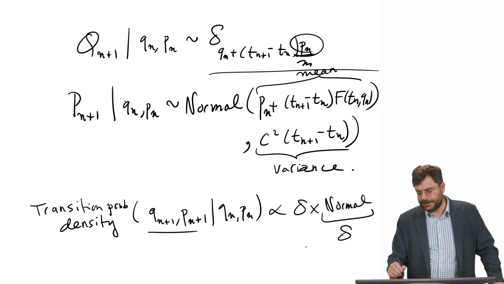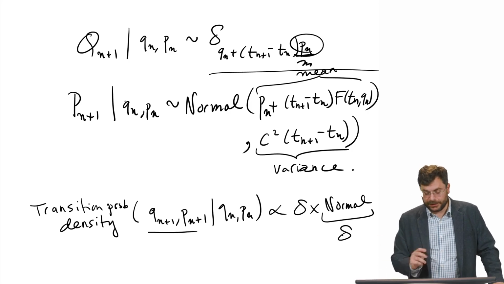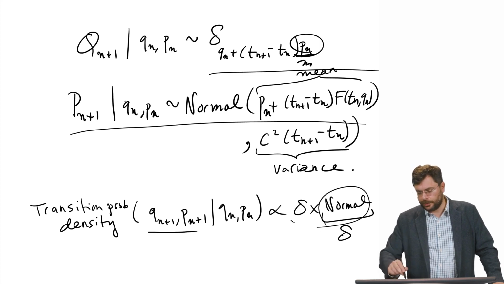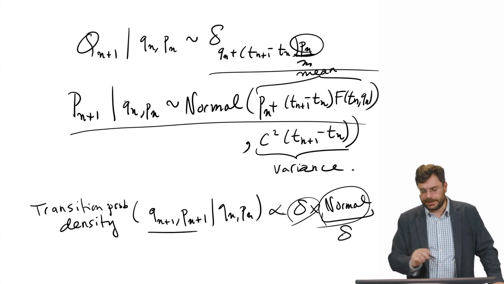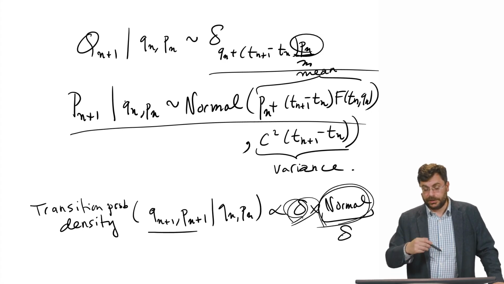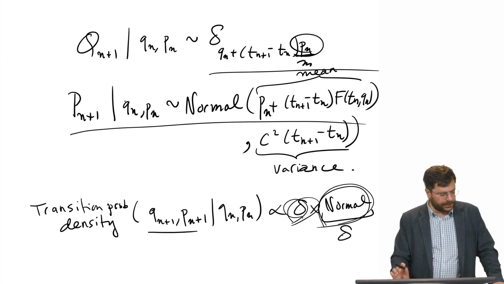Last time we had seen that momentum was also a delta function. In this case, momentum will not be a delta function. So the momentum will be normally distributed and the position will be delta function distributed based on where I was last.